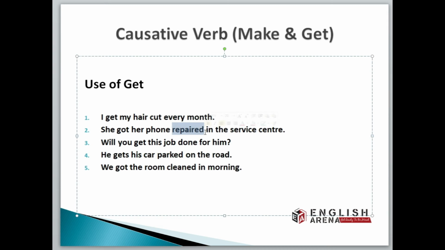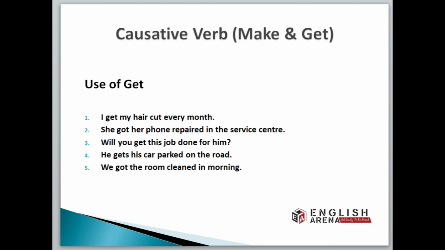Or let's go for another example. Will you get this job done for him? Future simple. In future simple, we use will with the first form of the verb. So will and get is in first form. However, the main verb is in third form: done, do, did, done.